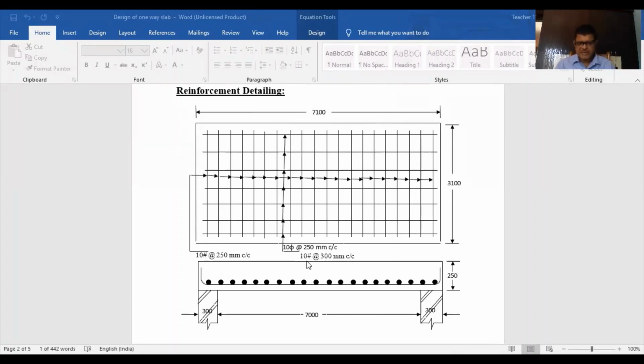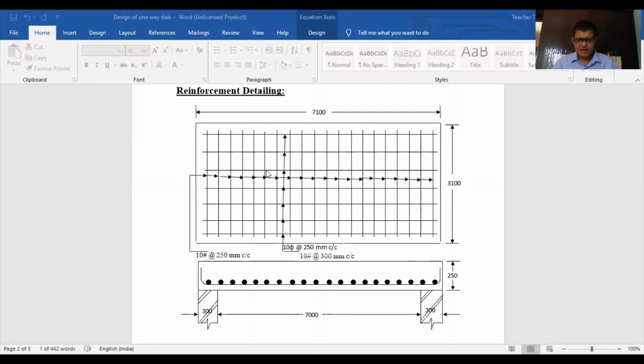You see that two things are given: 10 phi at 300 and 10 phi at 250 center to center.